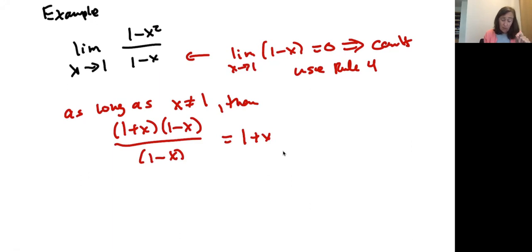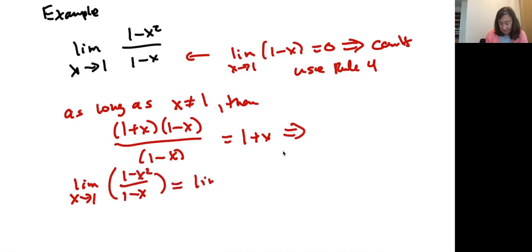every place except where x equals 1. And when I'm taking the limit, I'm interested in how x is behaving when it's really close to 1, but not when it's there. So I can do this, okay? So what this means is the limit as x is approaching 1 of the thing I started with, 1 minus x squared over 1 minus x, equals the limit as x goes to 1 of the other thing, 1 plus x.